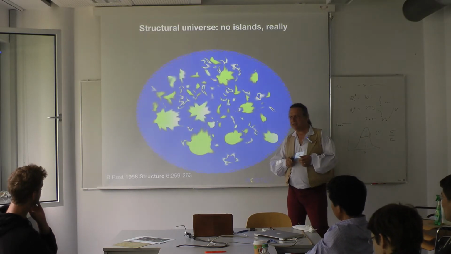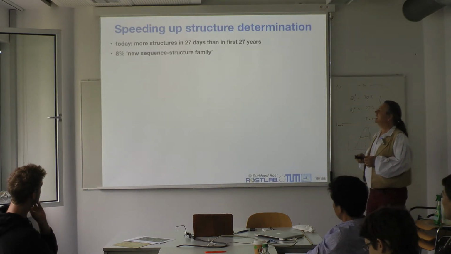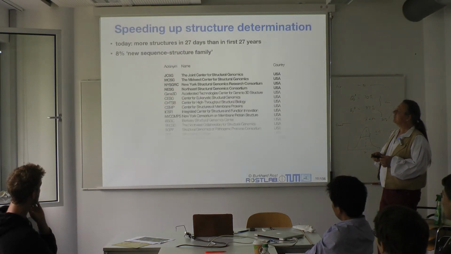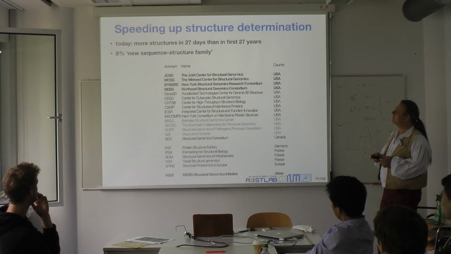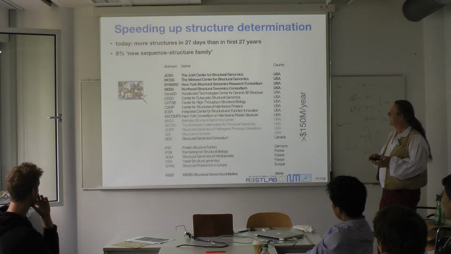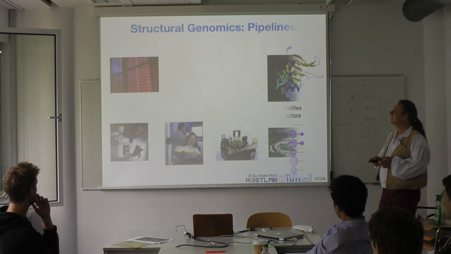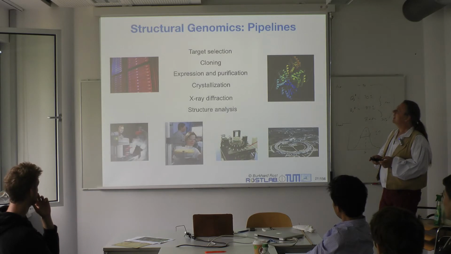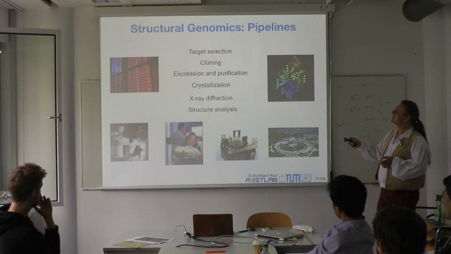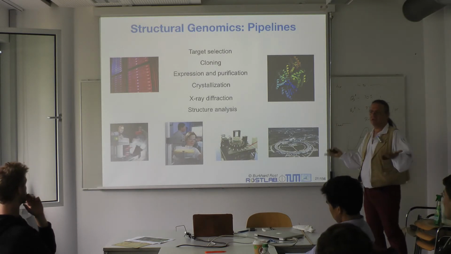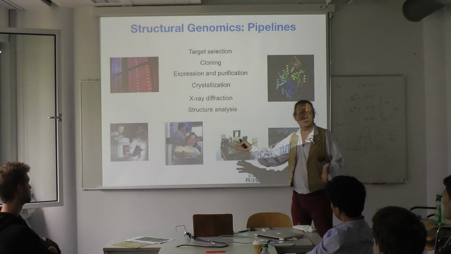And this effort has been handled by many consortia with a lot of money. This was funded for 15 years at a level of over 150 million per year, so there's some major funding. They built up pipelines: target selection, so first the question is which one should we go for?